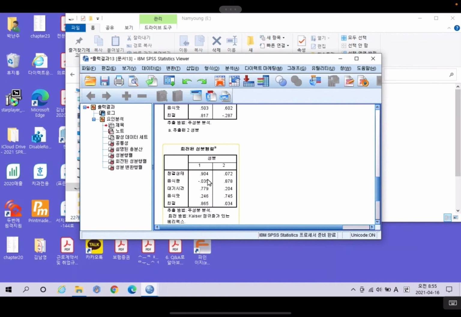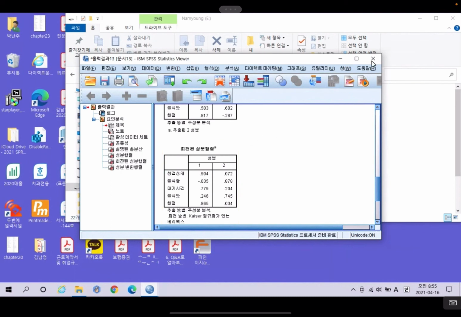In this case, x1 and x3 and x5 are grouped together. And in this case, x2 and x4 are grouped together, right? 1, 3, 5.